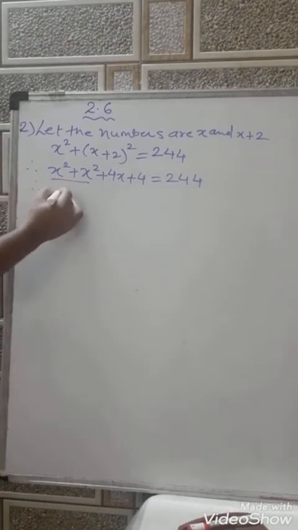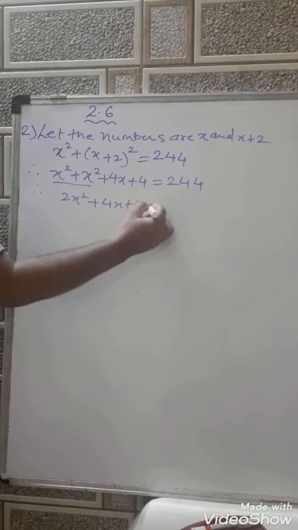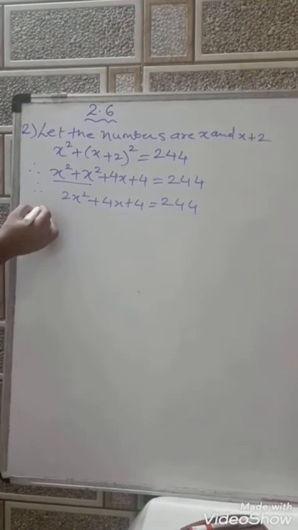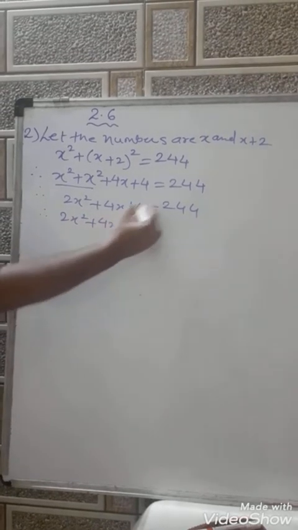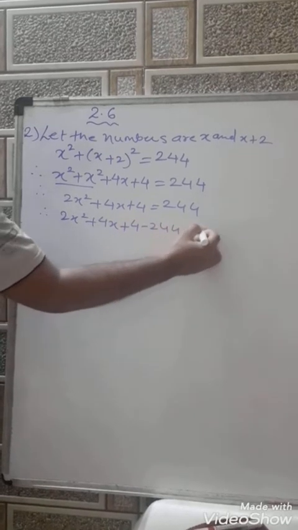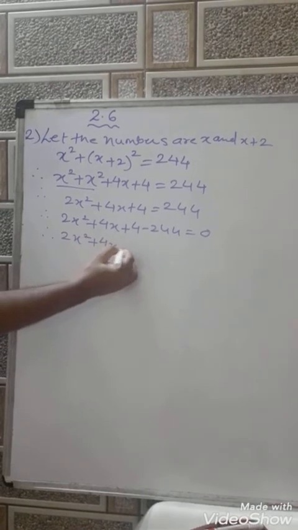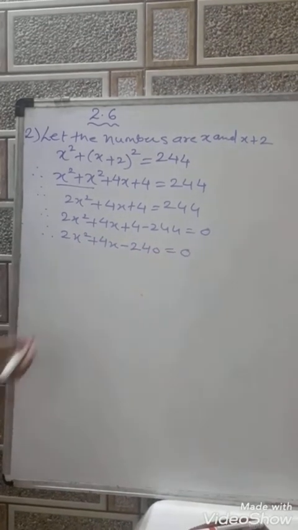If you add these, you get 2x square plus 4x plus 4 equals 244. Shift 244 to this side, so you get 2x square plus 4x minus 240 equals 0.